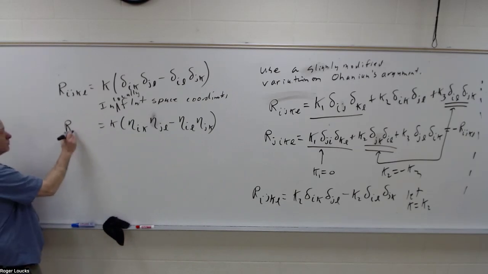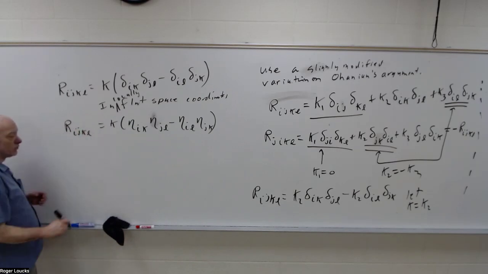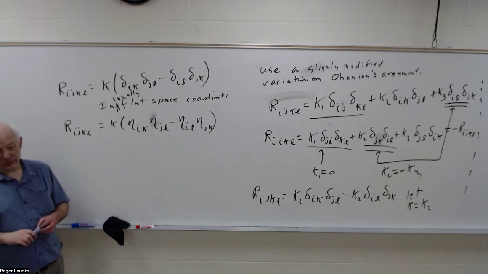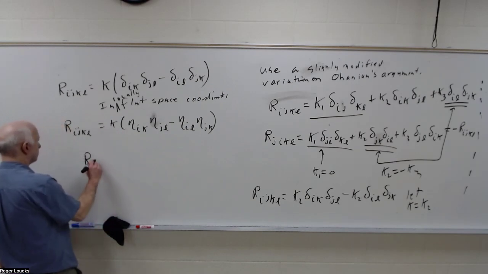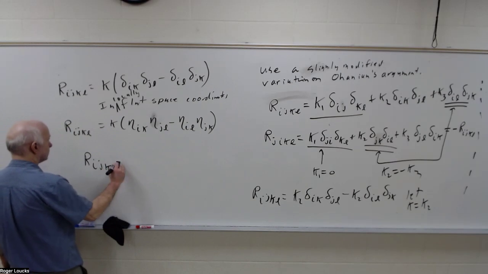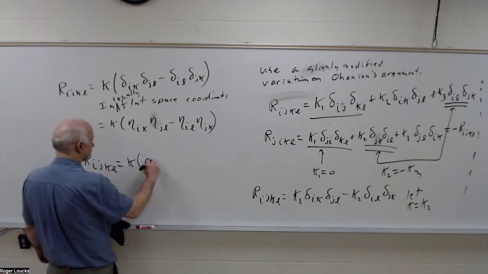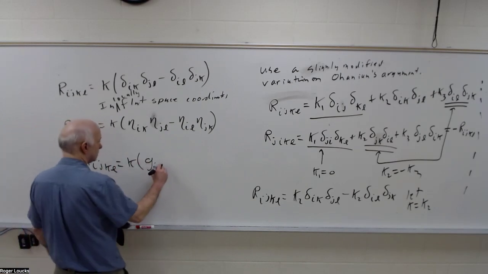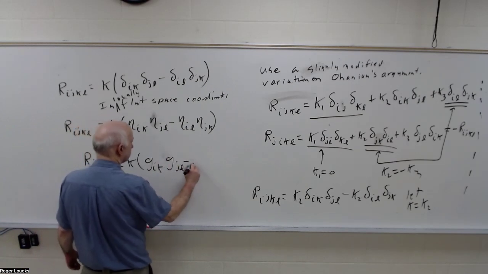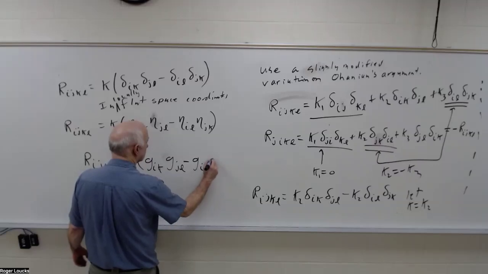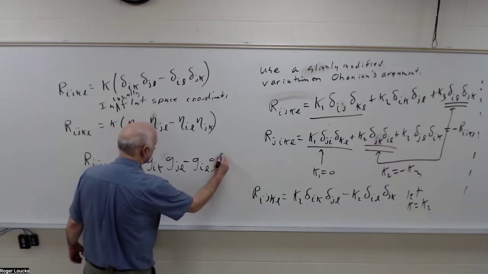So in general, if I'm not locally flat, what is this going to become? I'm not going to have eta here. I'm just going to have the g's. What's going to happen here? Just have this G JK, G JL, that's G IL, G JK.